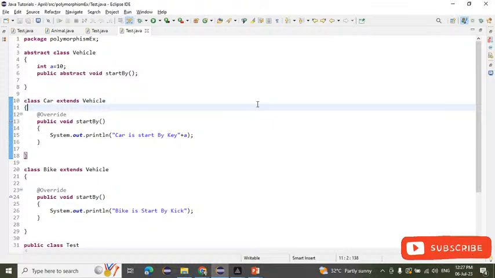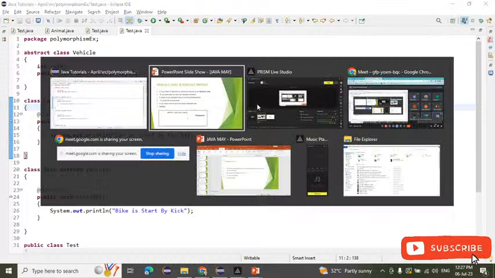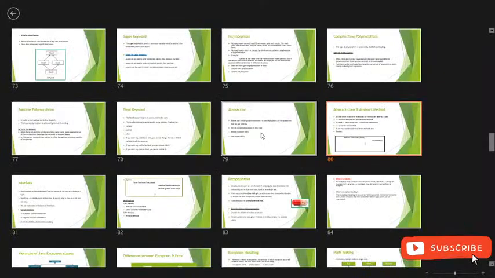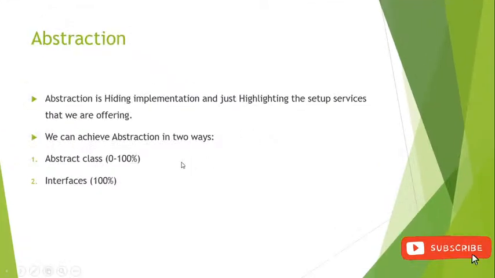Okay, so this is the first way to achieve the abstraction, right? With the abstract class, we can achieve the abstraction. We have successfully achieved the abstraction with the help of abstract class.